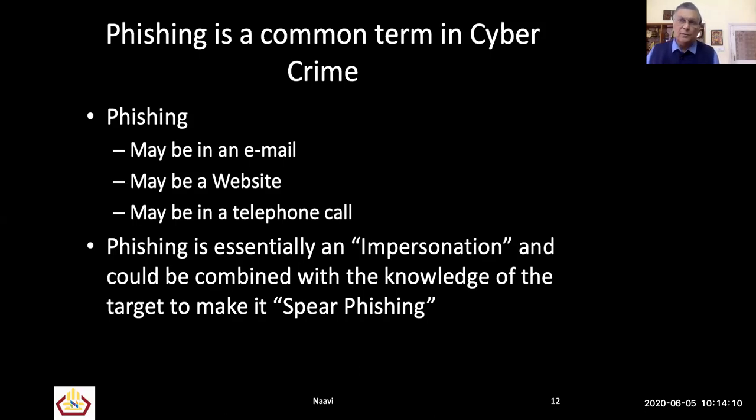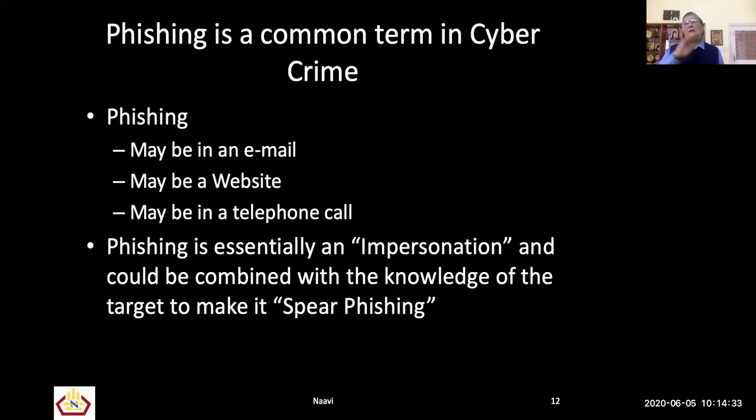Sometimes phishing may happen through impersonated email. Sometimes it may happen because a website is faked. It may also be a phone call. You have perhaps seen the Jamtara series or something like that, phone calls. So phishing is essentially impersonation. Now, impersonation is one part of the crime.